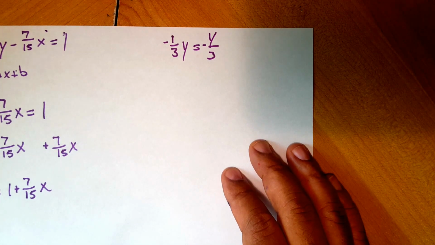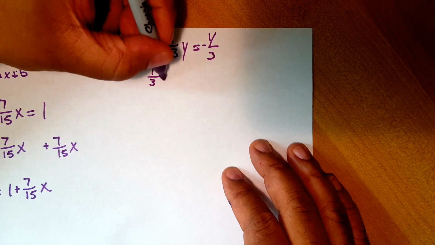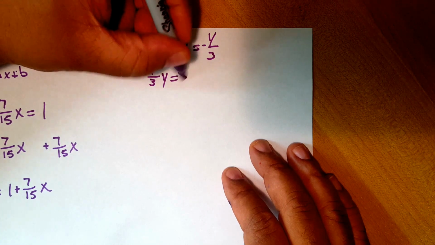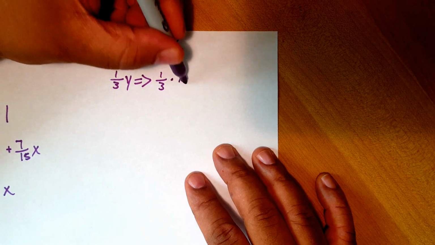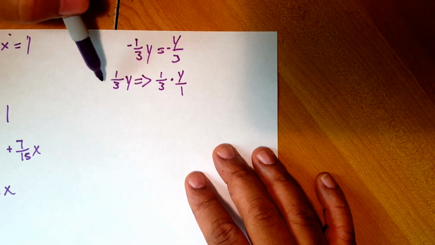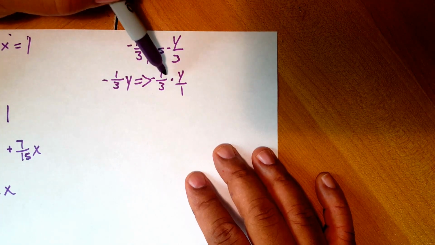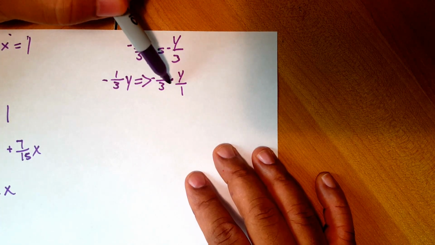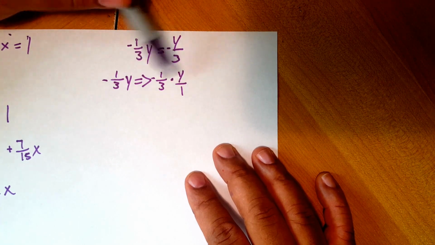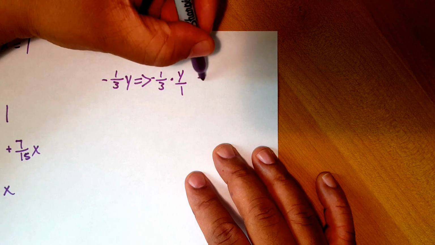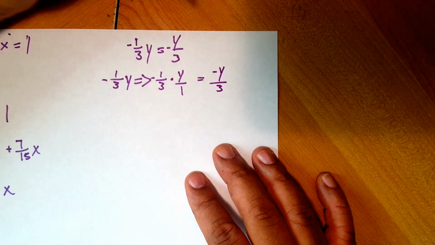The reason why I can do that, and we did talk about it in class a little bit, is that -1/3 y is the same thing as writing -1/3 times y/1. If I wrote y as a fraction, it's like multiplying these two fractions together. And when I multiply these two fractions together, I get -y/3.